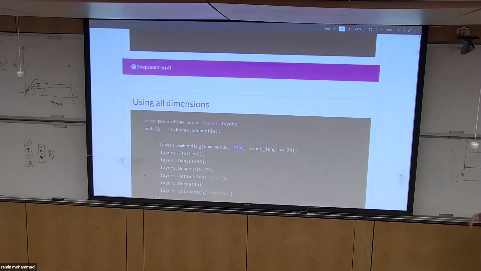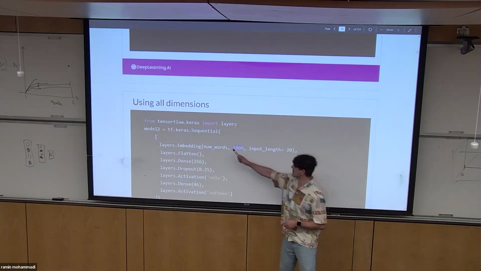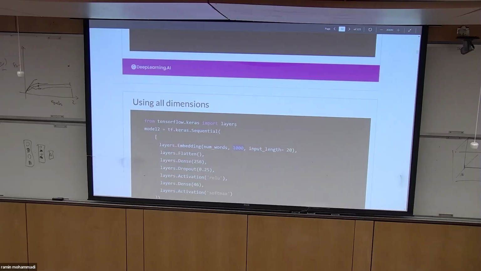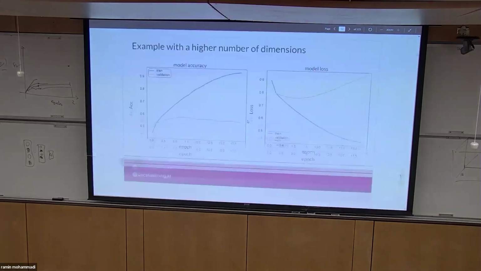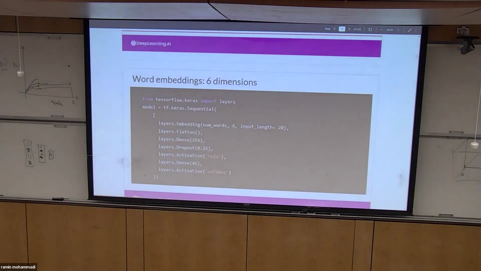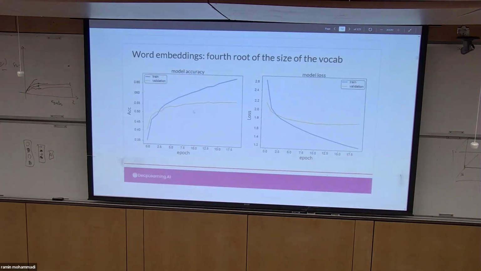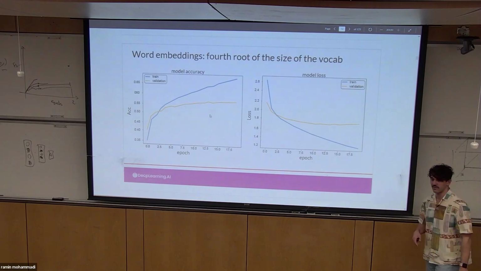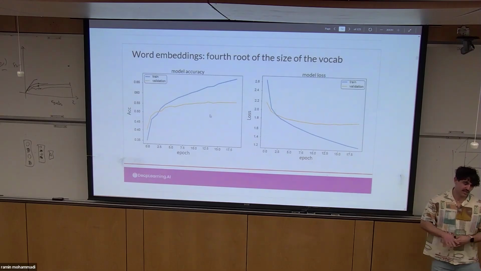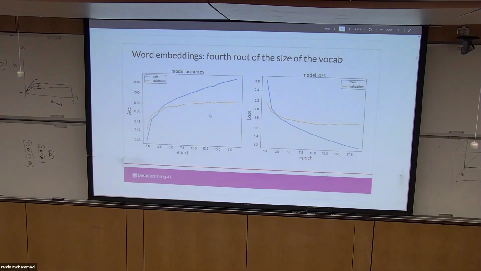So we have both number of words 1,000 and embedding size 1,000, and this is the result that you get. Now, if you change it to 6, this is the result that you get, right? It has a better validation compared to the other one, from 1,000 dimensions versus just 6 dimensions. It's like a lot of the space that you designed for the embedding does nothing for your model.